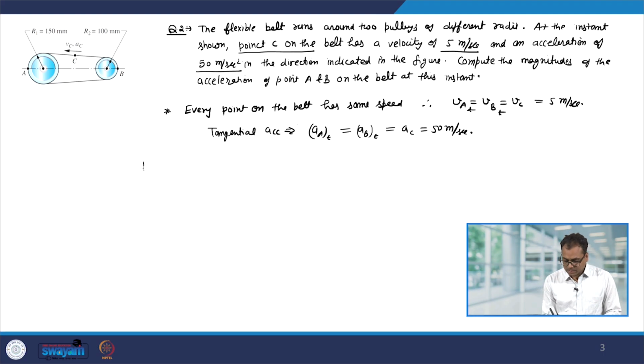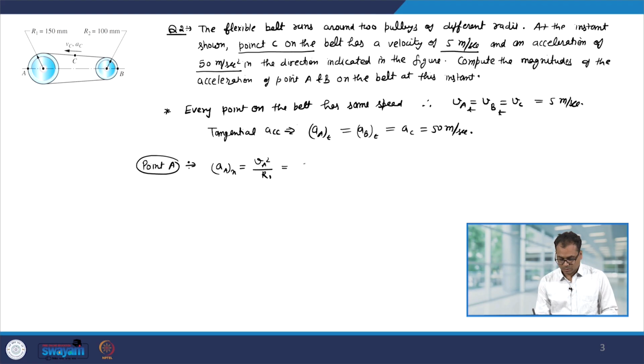Now, let us analyze point A. At point A, the normal acceleration will be velocity square divided by its radius. So, that will be 5 square divided by 0.15, that gives you 166.67 meter per second square.